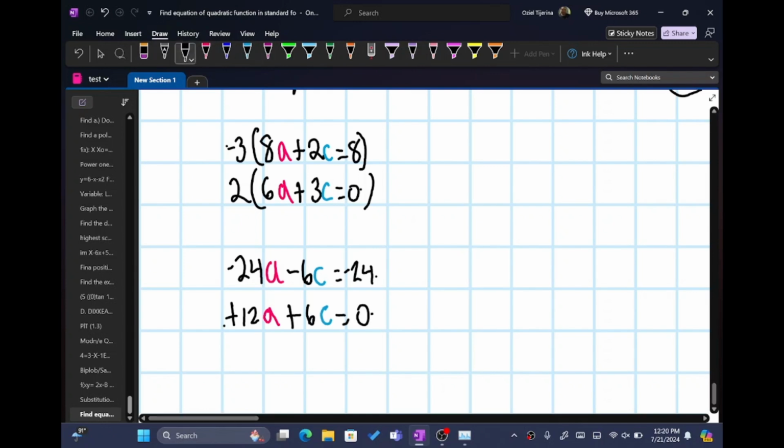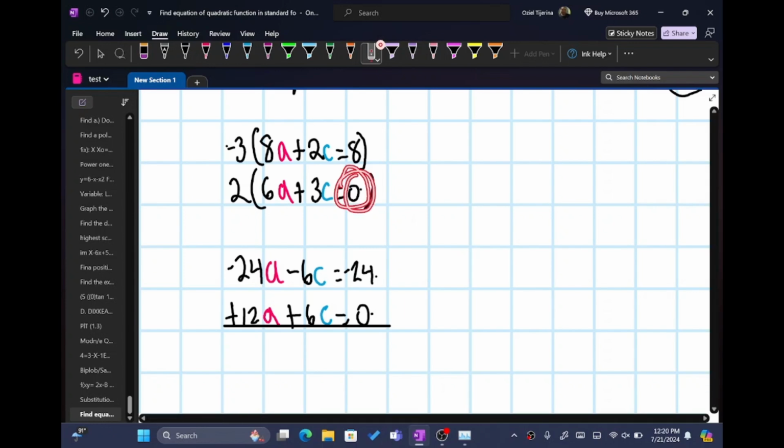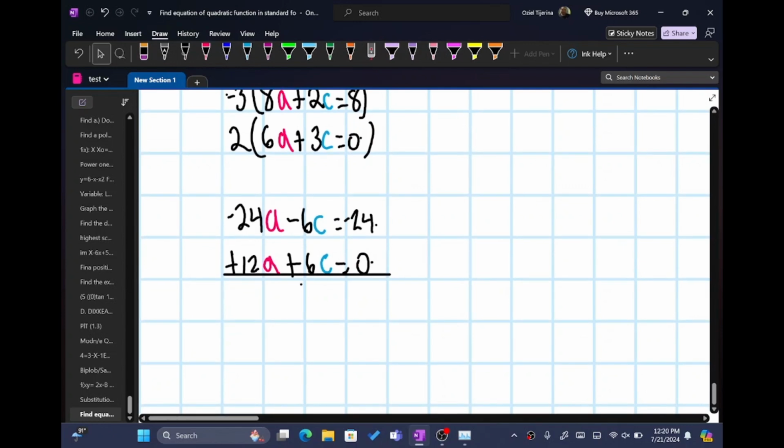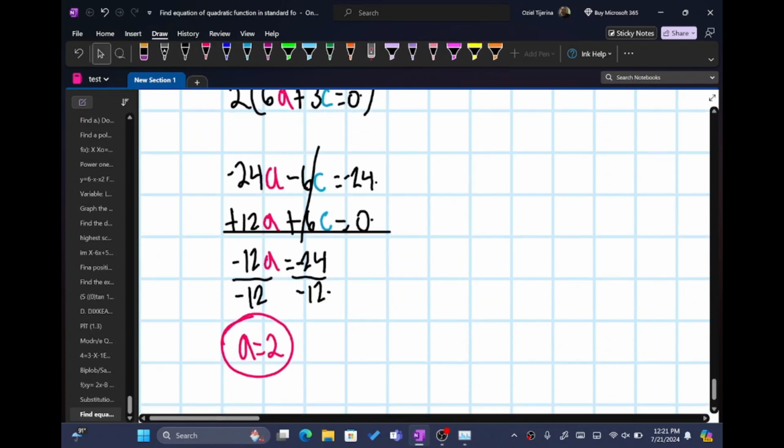We can clearly see that this part stays the same as this part, so we're just going to simplify. Negative 24a plus 12a is negative 12a, and this is equal to negative 24. Then we divide by negative 12, and we get a is equal to 2. So we know a is equal to 2, right?